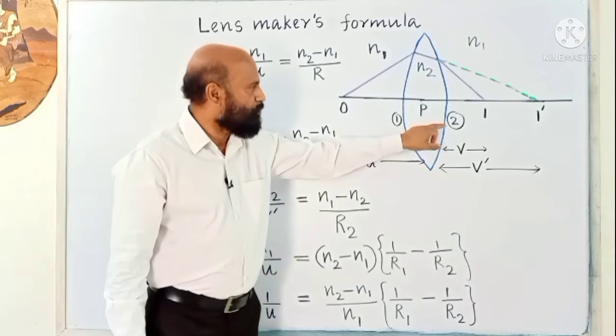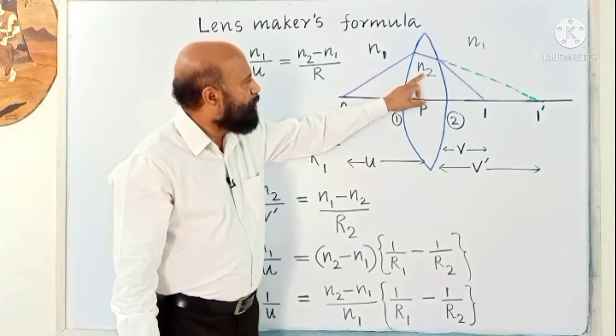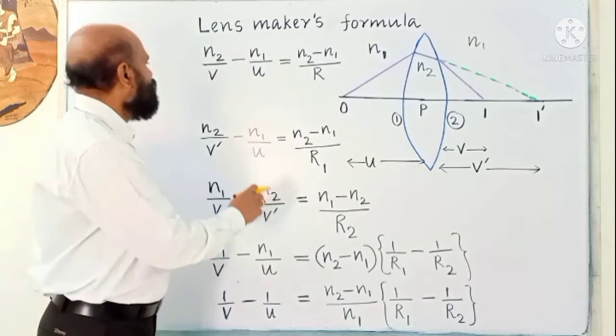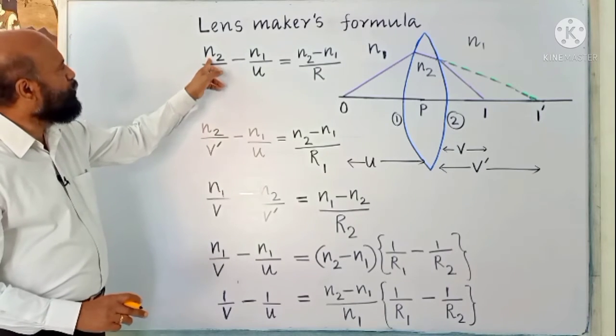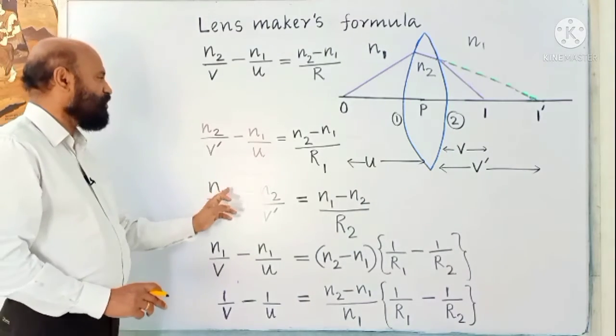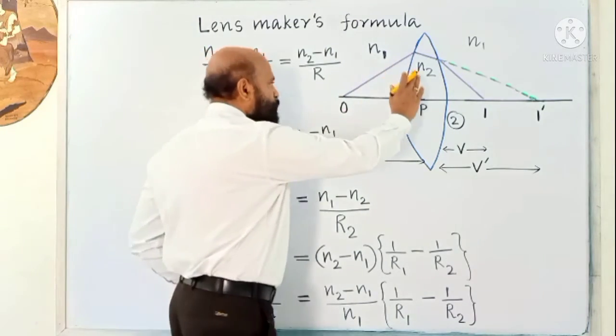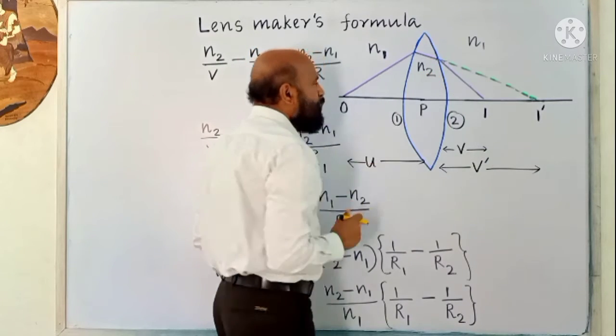Now for the second surface. For the second surface, light is entering from N2 to N1, so it will interchange: N1 by V minus N2 by V dash. It interchanges because light is entering from the medium with refractive index N2 to N1.